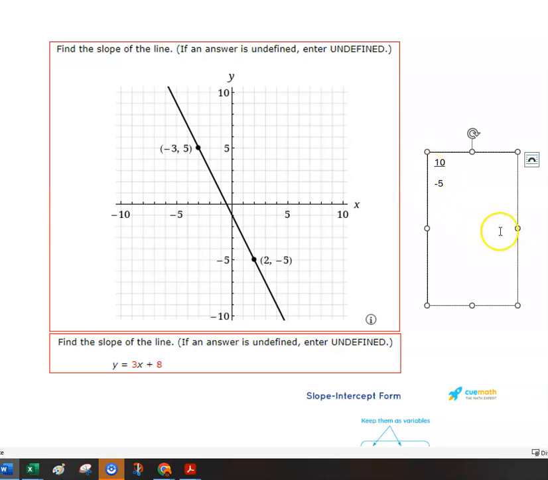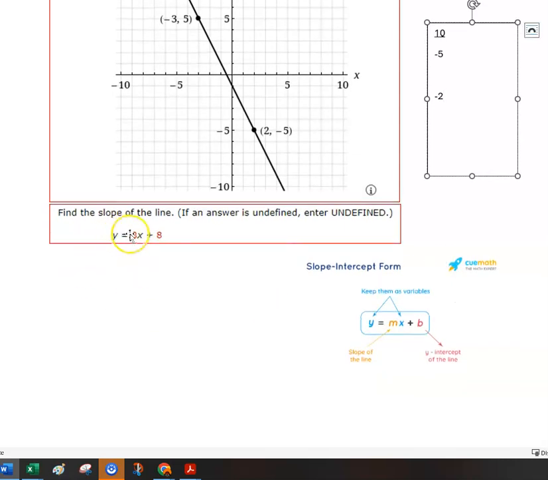So that's my slope, but I need to clean it up a little bit. So I have 10 divided by -5 gives me a -2. -2 is my slope. And I can test myself to see, okay, it's sloping to the left. So it's a negative slope.